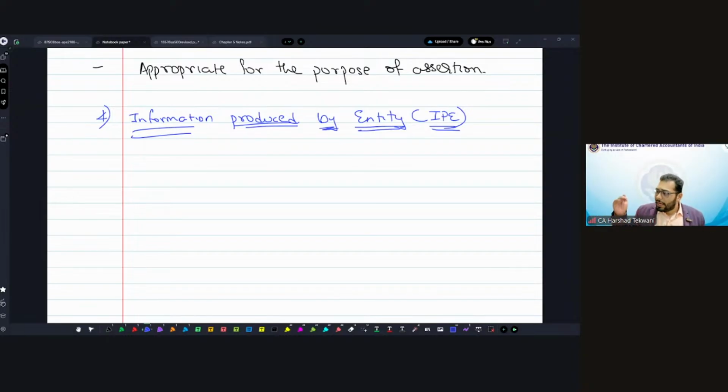No, it is the information that the entity has produced: Excel sheets, working papers, calculations, a lot of things which were not there, but the entity has created that. Information produced by the entity, and this information is something that we need to use during the audit.